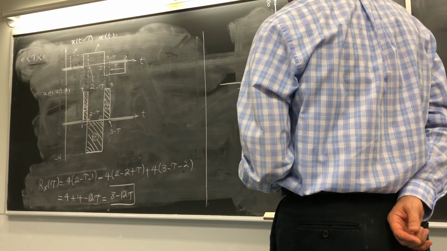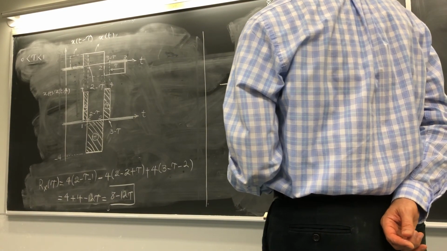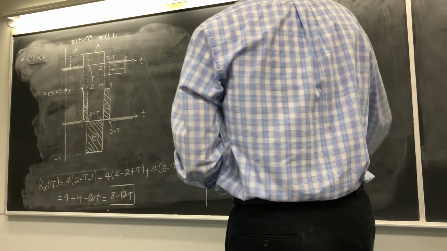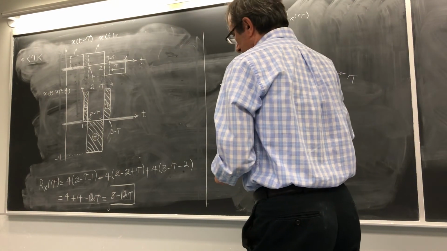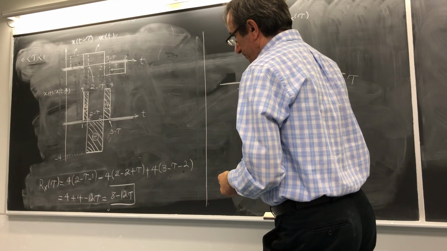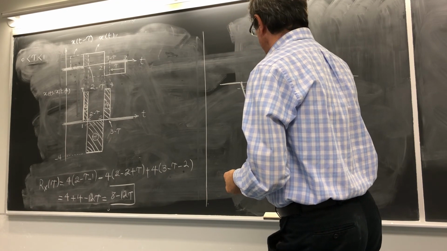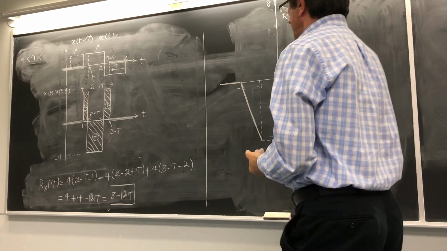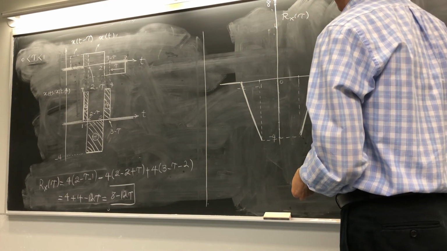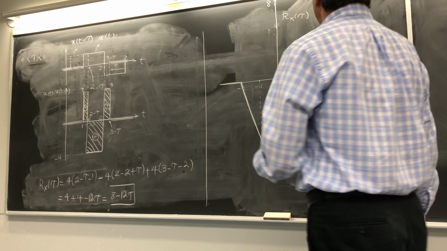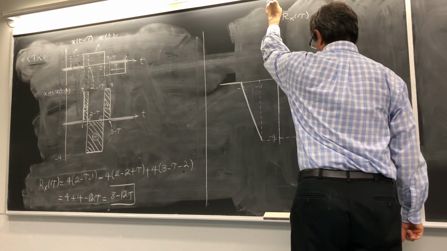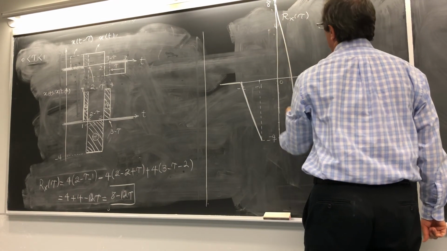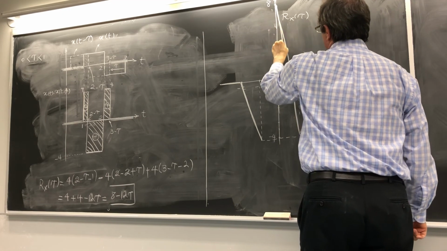So okay, for tau equals 1, we've got negative 4. And then we come up with 8. Something like this.